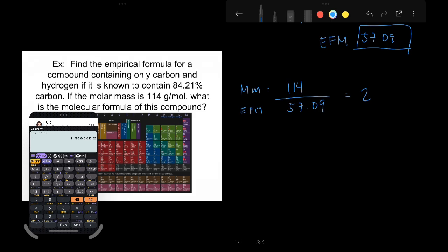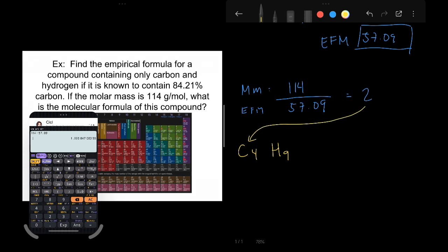So with that, we write again the empirical formula, which is C4H9, and then we're going to multiply by its subscript.